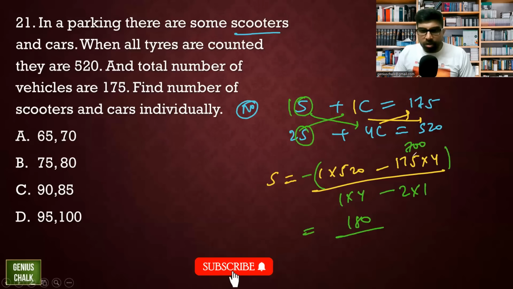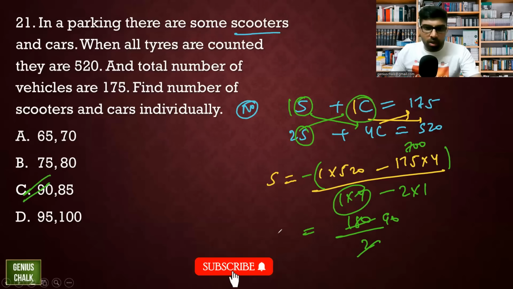So this minus I have just put to clear this minus. So minus minus plus, and this is how much? 2. 4 minus 2, 2. So number of scooters are 90. If number of scooters are 90, car you can find. Okay, this is another method to solve this question.